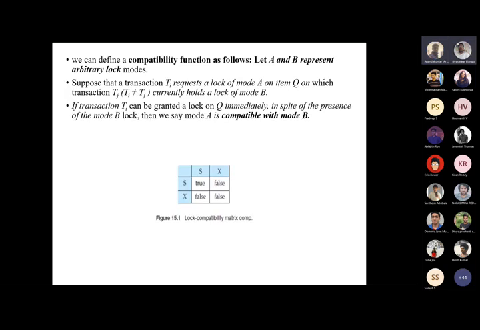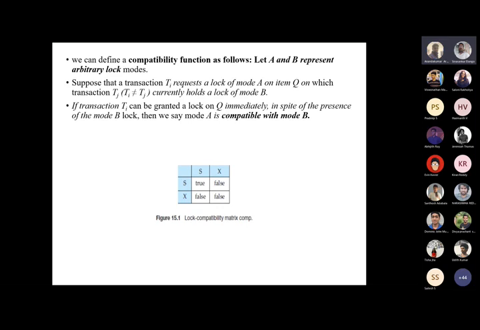We also have a lock compatibility matrix. We can define a compatibility function as follows. Let A and B represent different arbitrary lock modes.